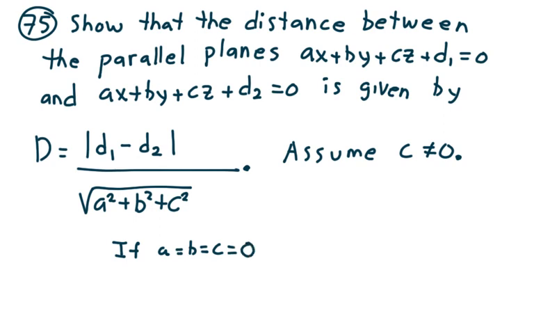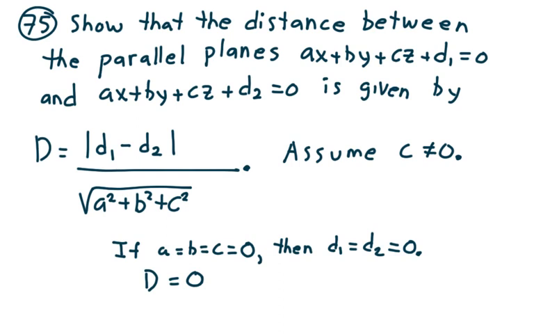This formula doesn't make any sense in the sense that we're dividing by 0, which we can't do, by the way. Then d sub 1 equals d sub 2 equals 0, okay? And so what that tells me is you're talking about the same plane and that D equals 0. So it's not very interesting.